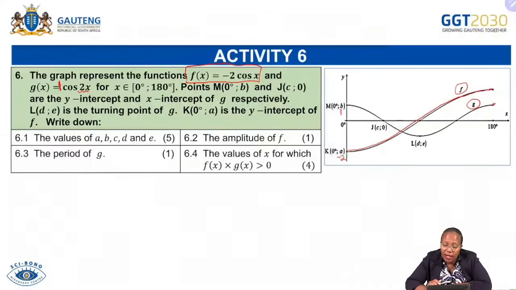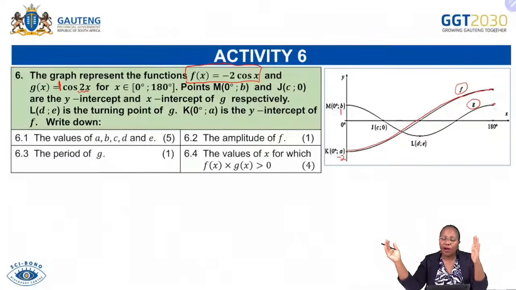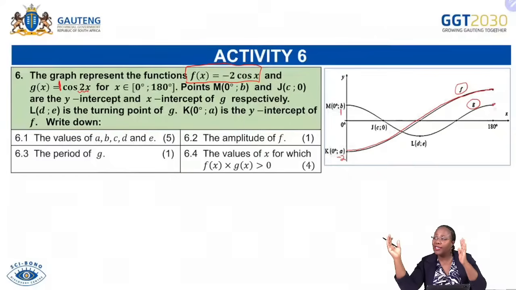Now remember the original graph cuts at 90, 180, 270, 360 degrees. Because it is now reduced to 180, we are going to divide each interval by 2, because we have divided 360 by 2.